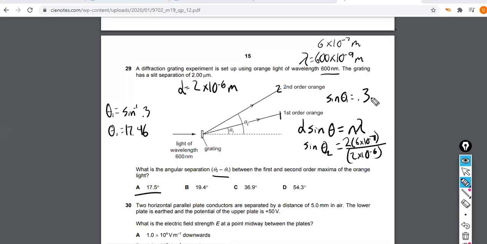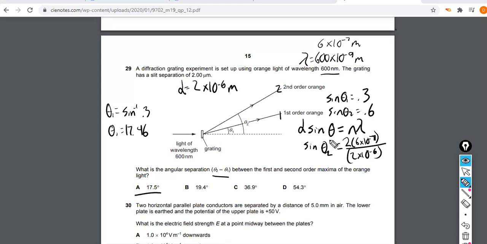We're doubling it, because we added a 2 there, so it's 2 times 6 by 10 to the negative 7 divided by 2 by 10 to the negative 6, which is 0.6. So the sine of theta 2 is 0.6.